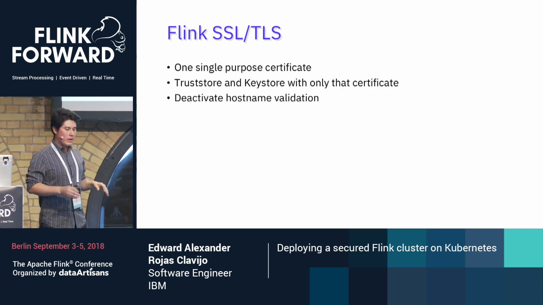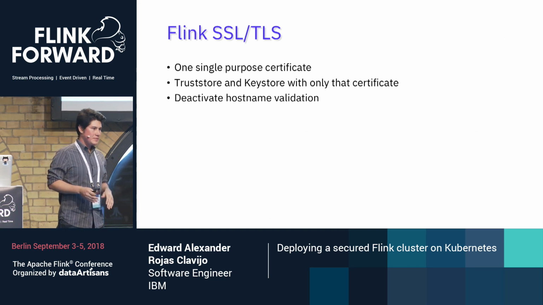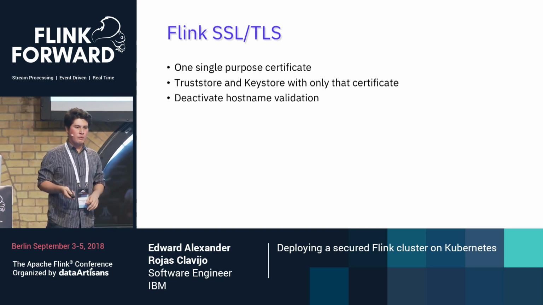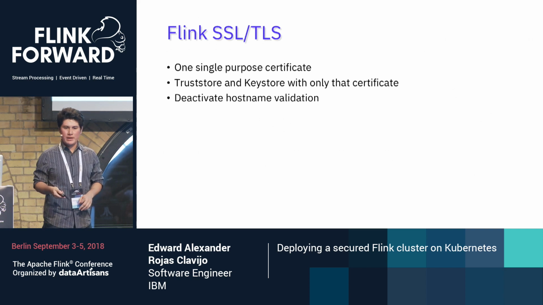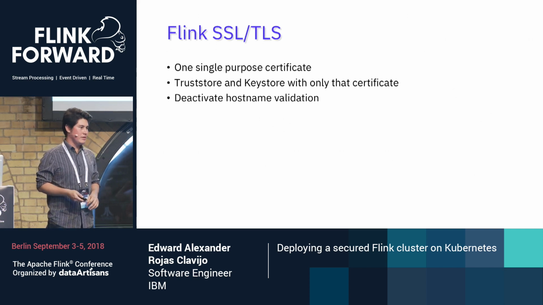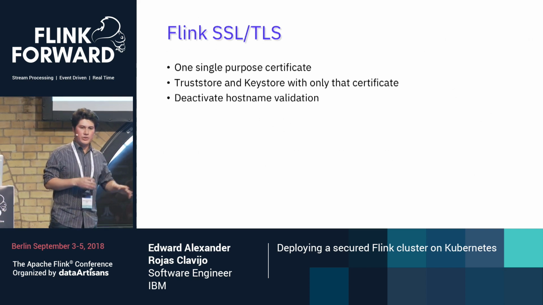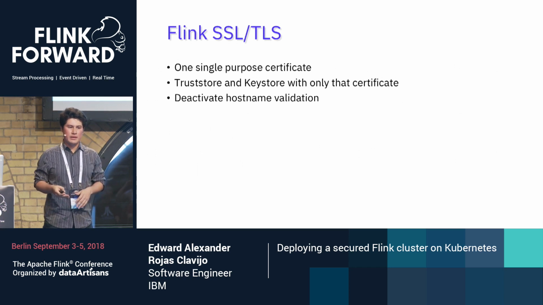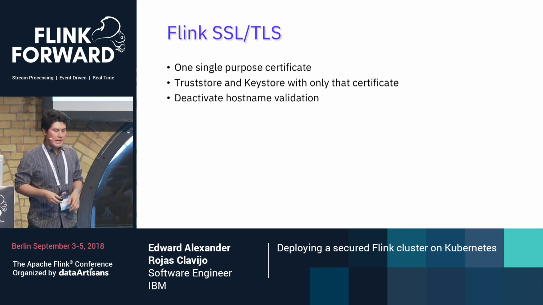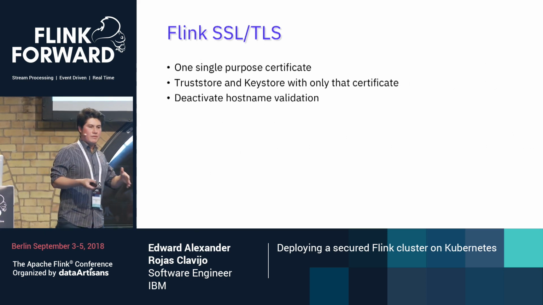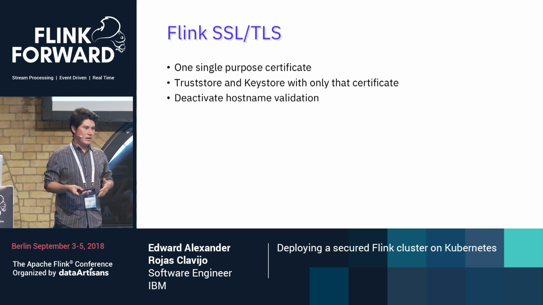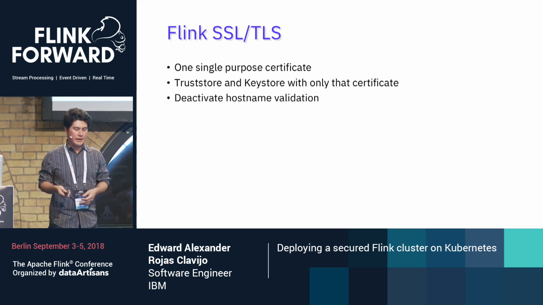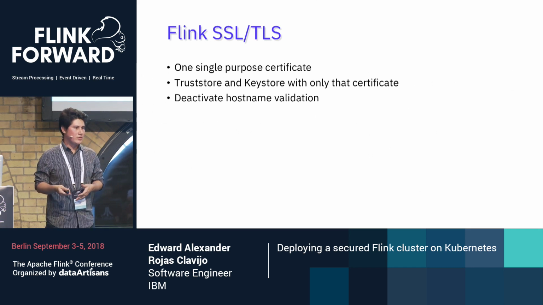We generate one single purpose certificate, and we add this certificate to a Truststore and a Keystore with only this single certificate, and we distribute this Truststore and Keystore all over the cluster components. As we have only one certificate in our Truststore, there is no additional value that the hostname validation would add to this.